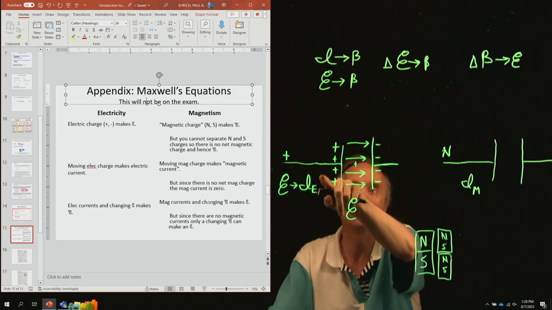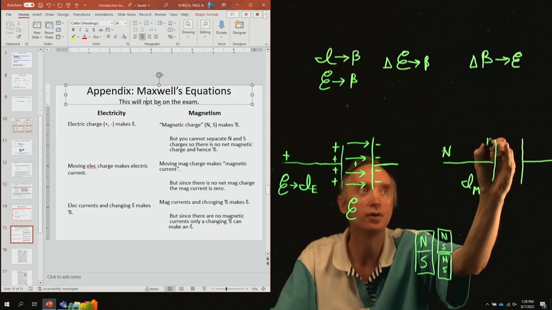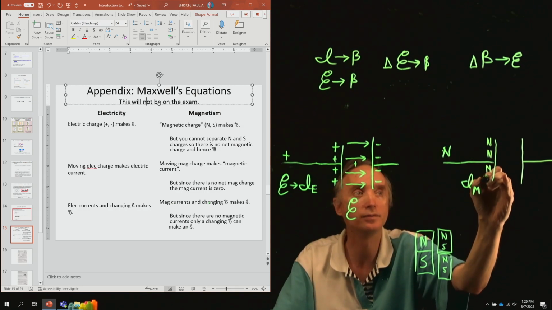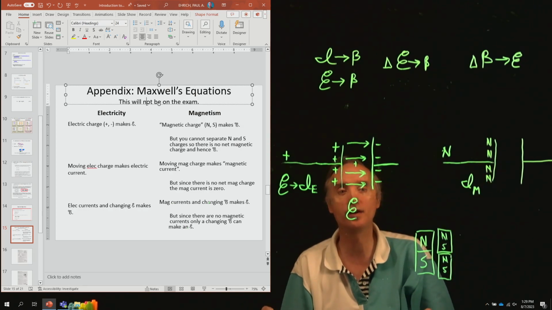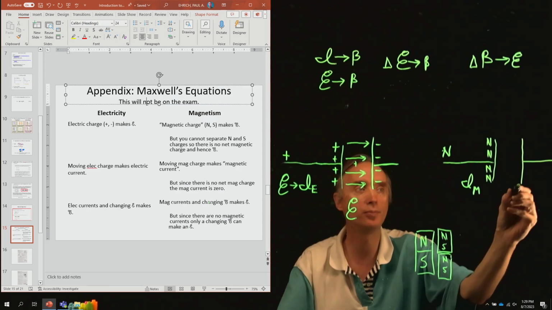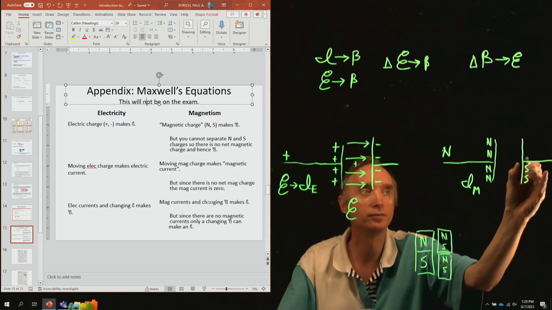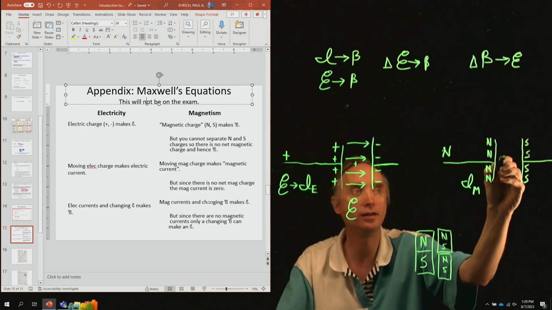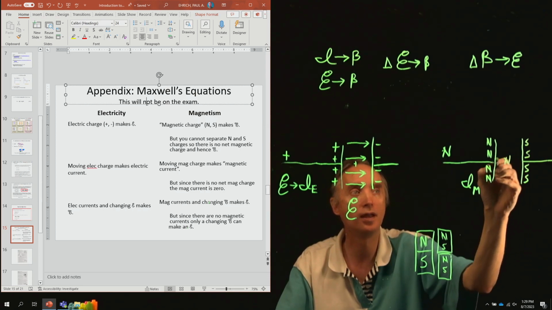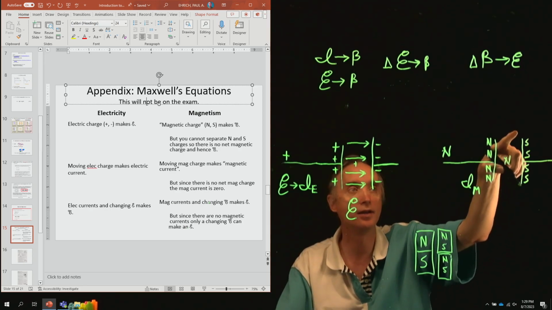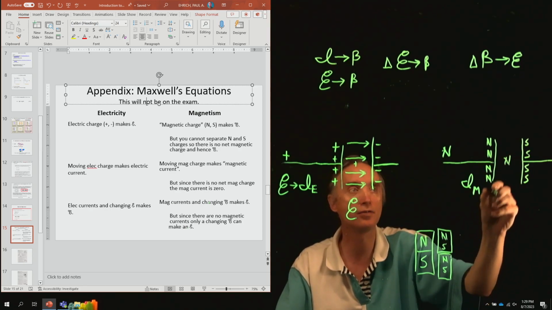So just like over here, north poles would begin to appear on this side of the plate, and then by conservation of magnetism, for every north pole you have, you'd have to have a south pole that would go with it. Okay, and then do you remember that you could take a teeny tiny north pole and place it in there? It would be repelled by these north poles and attracted to these south poles over here.